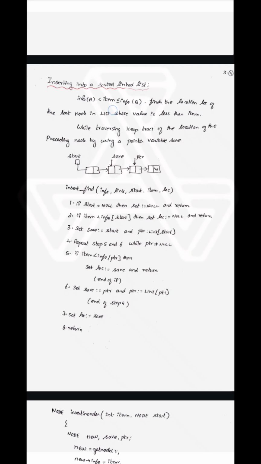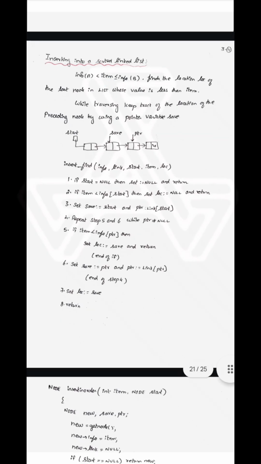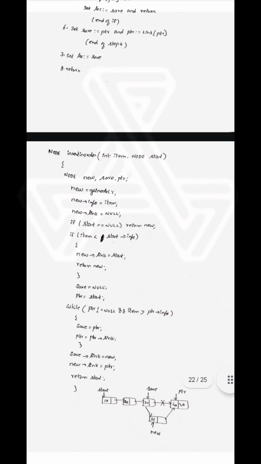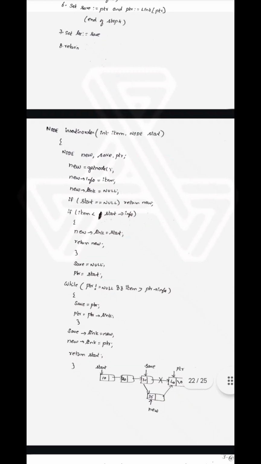While traversing, keep track of the location of the preceding node by using a pointer variable, save. That will be given in the program: node insert in order of int item, node start, node new, save, PTR. New equals get node. New info is item. New link is null, because we don't know where we are inserting.